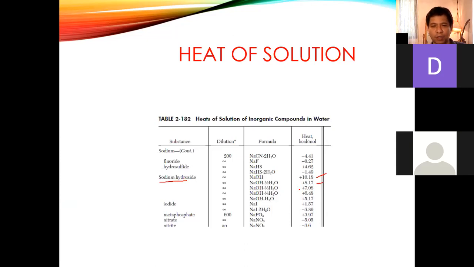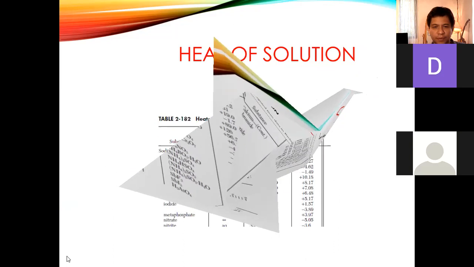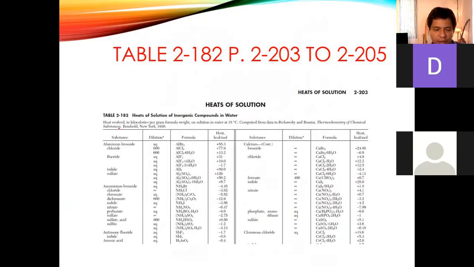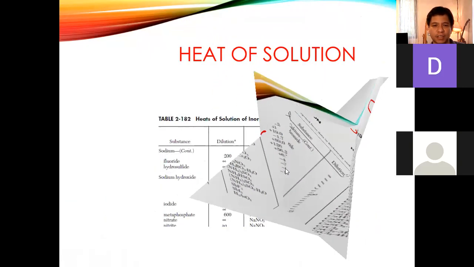Kaya lang nakalagay sa table positive kasi ito yung heat release, yung description ni Perry. Bakit positive siya? So this is the heat evolved. Heat evolved kasi kaya positive siya.